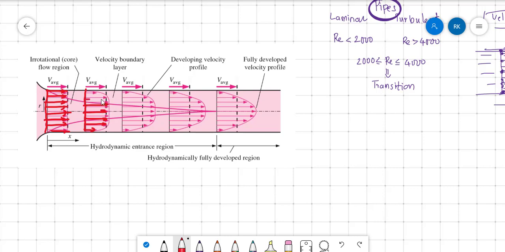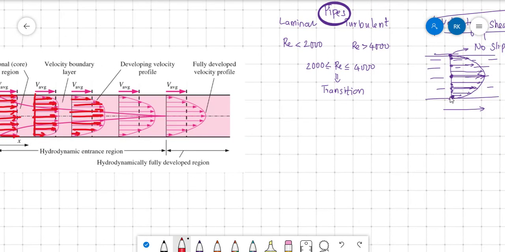Mostly the total velocity profile will be uniform, but at the wall the velocity decreases. As it goes deeper inside the pipe, the velocity profile changes continuously, and finally it reaches the velocity profile that we have discussed.